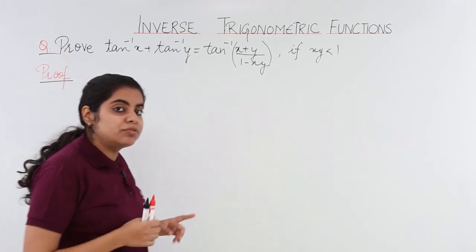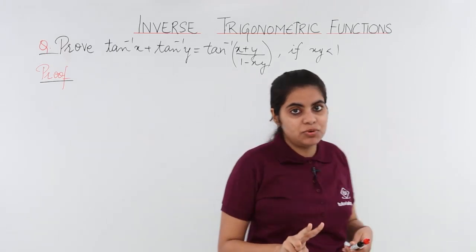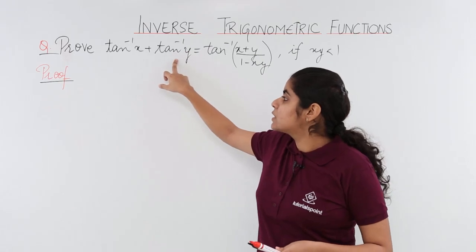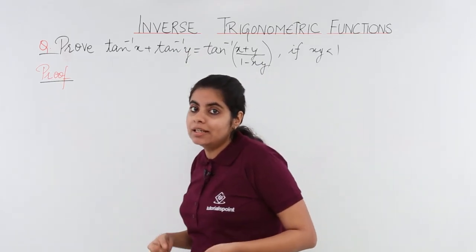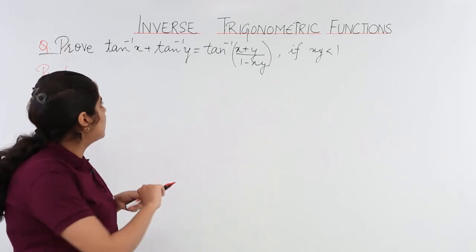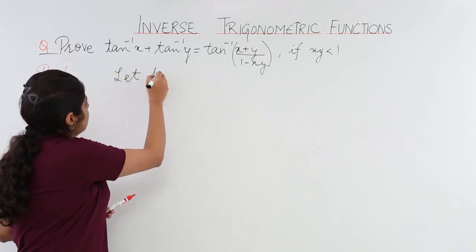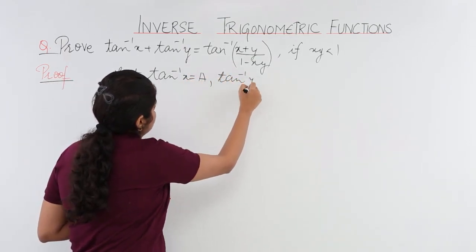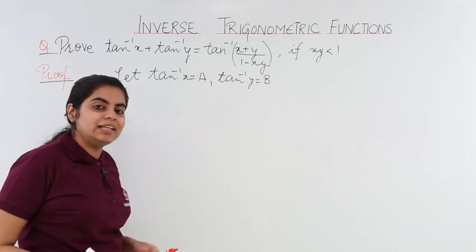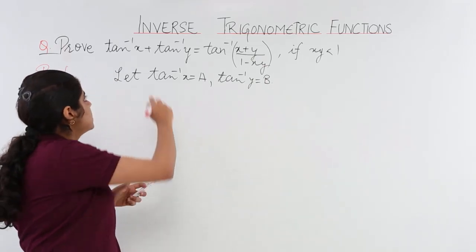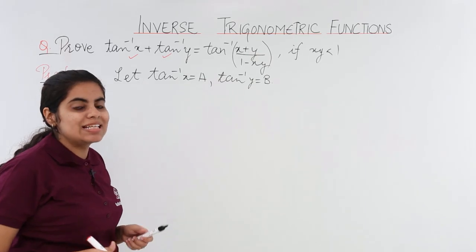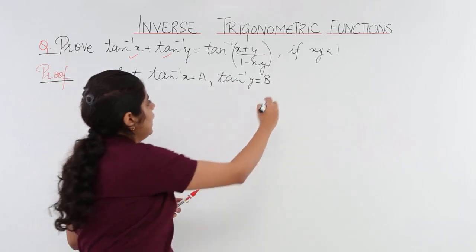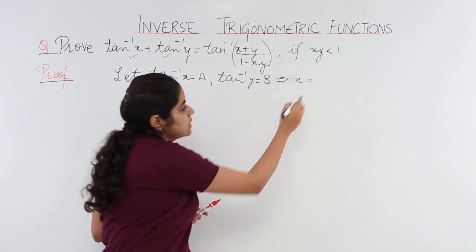So, I assume the first thing: I have two terms, tan inverse x and tan inverse y. Let tan inverse x be A and tan inverse y be B. That means I have the two terms substituted by A and B. If this happens, then what is x?